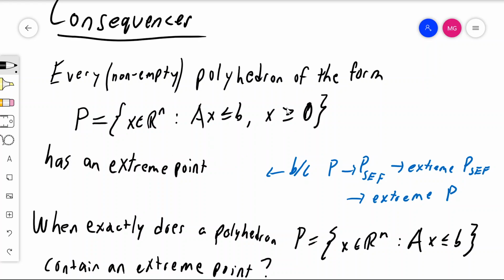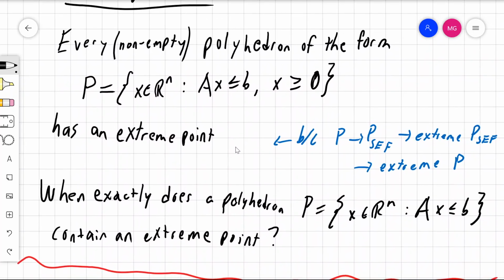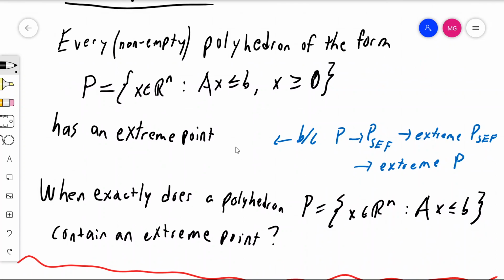And that's coming from the fact that we have this variable non-negativity. So that's what we were just explaining above, and we deduce this as a consequence of what we were just talking about. Okay, now that's guaranteed to happen when we have this variable non-negativity here.